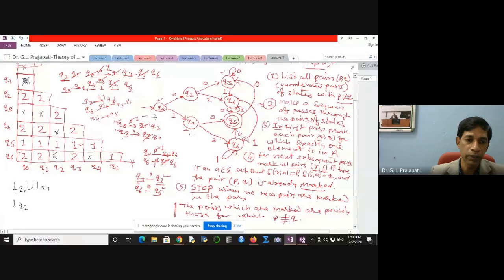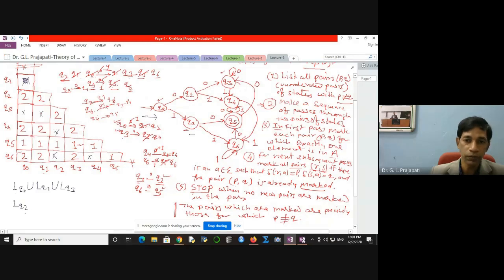You can see that Q0, Q3 and Q1, Q3 are not marked. But Q2 and Q3 must be marked, and you have seen that Q2 and Q3 is marked, meaning they are not equivalent. Since Q0, Q3 is not marked, they are equivalent, and hence Q3 goes to this equivalence class.